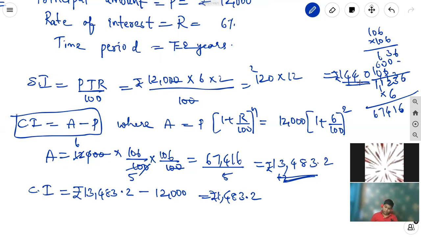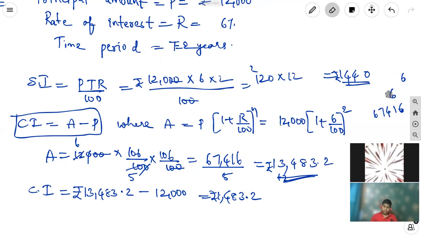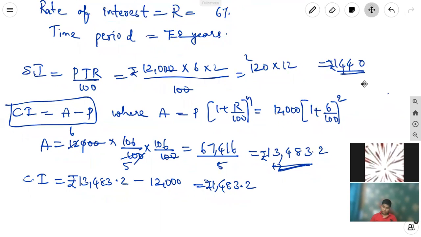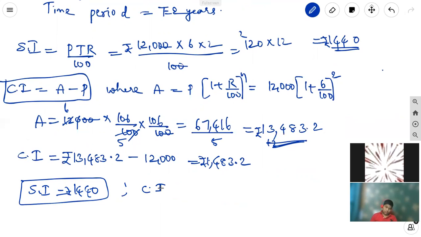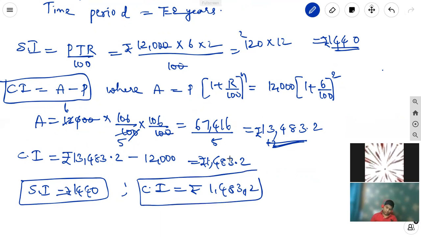Here, the simple interest amount is 1,440 rupees and the compound interest amount is 1,483.2.